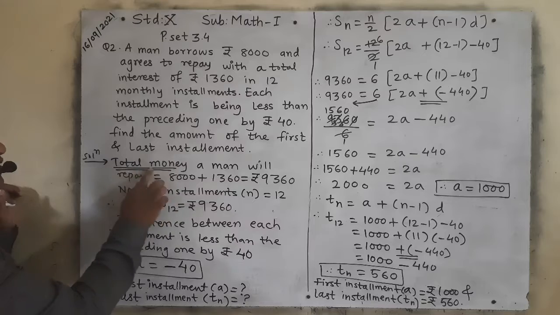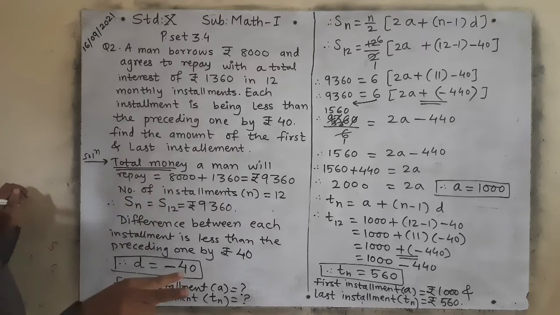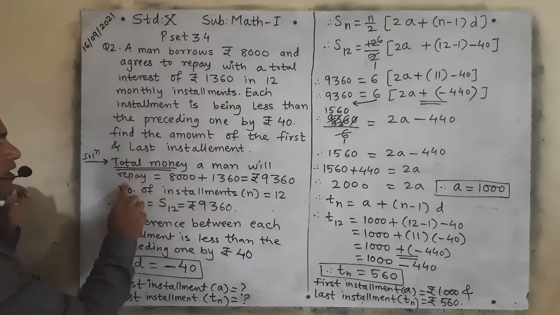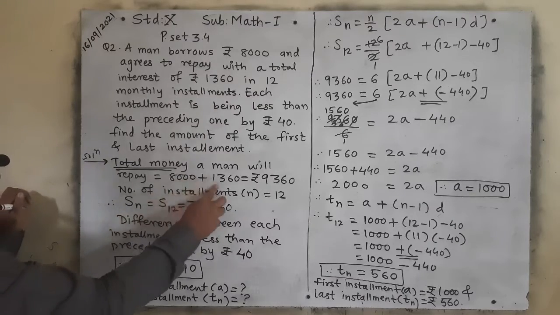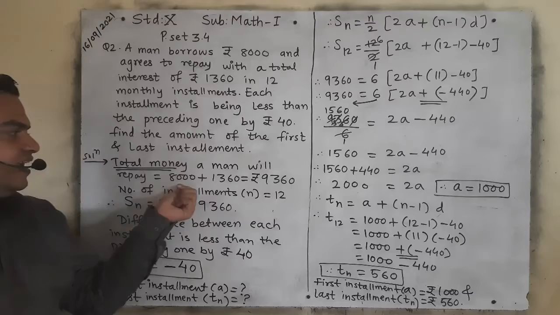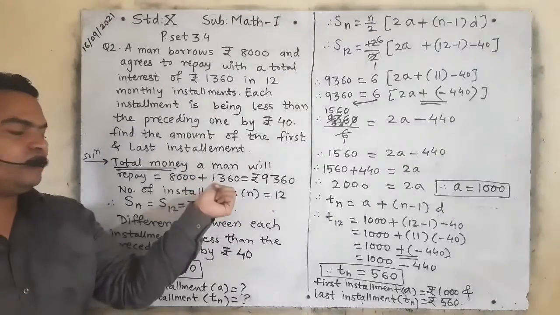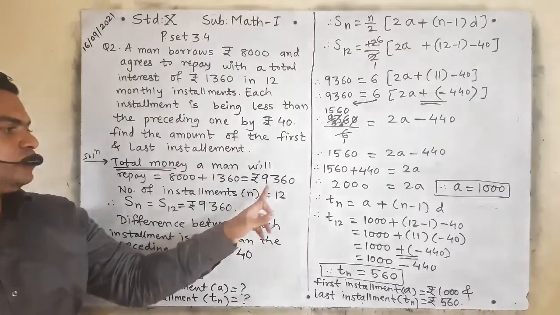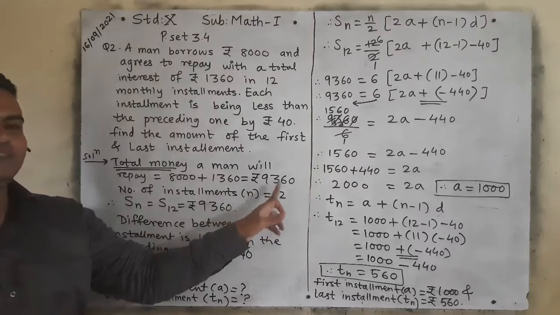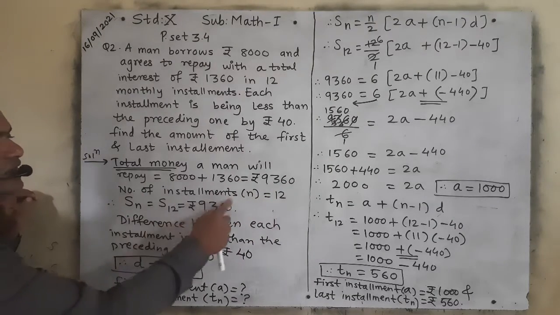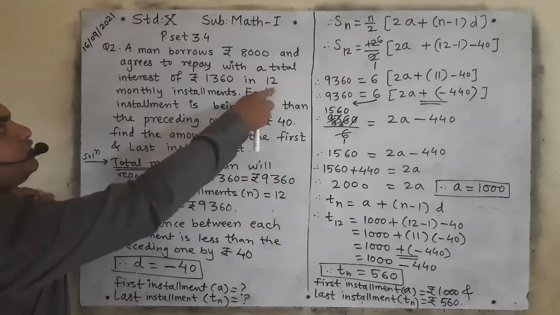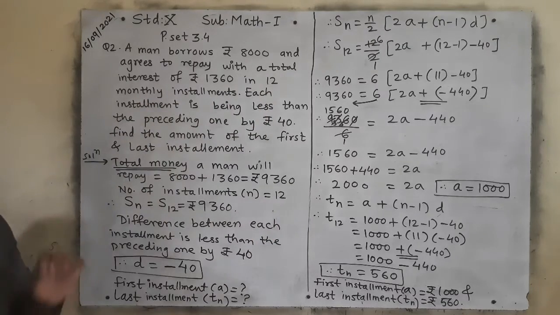Total money, total I have underlined, it means SN. A man will repay 8,000 capital amount, principal amount, plus 1,360. 8,000 उसने borrow किया था और 1,360 interest, and in total I will pay rupees 9,360. So SN, the value of SN. See, I have written here number of installments N is equal to 12. 12 monthly installments means n is equal to 12.